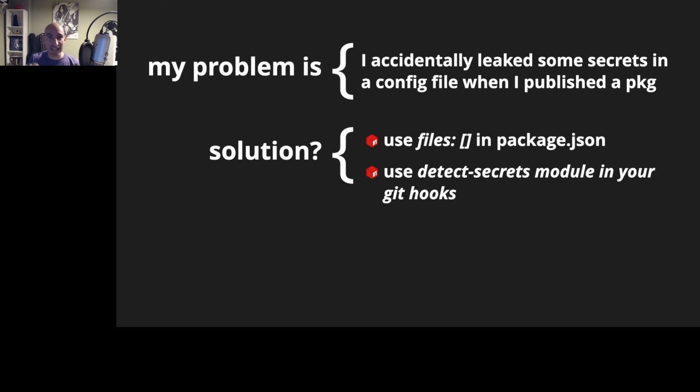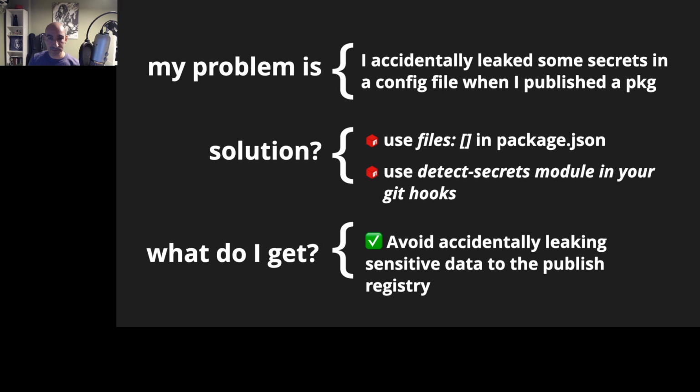So you have to manually add something there, and there's no risk of you mistakenly adding some stuff to your package. Or use detect-secrets, which is a module that wraps around Git hooks to make sure that when you commit or when you push, there are no secret files pushed into the repository itself. It's more of a code versioning issue.